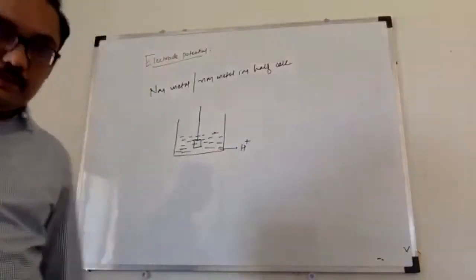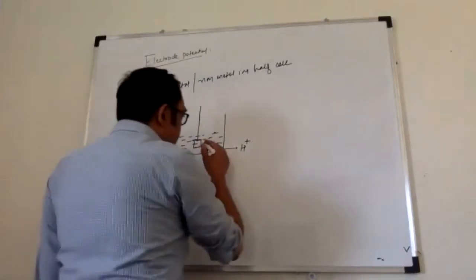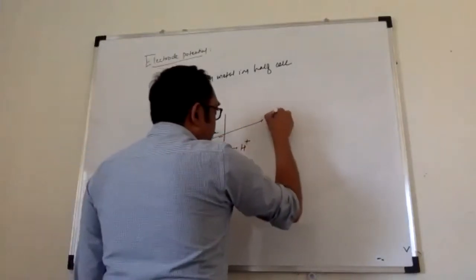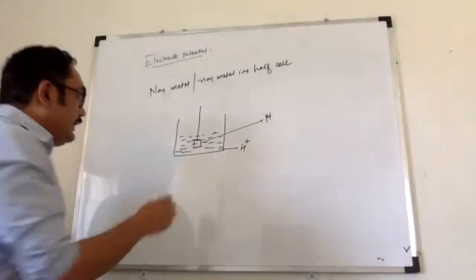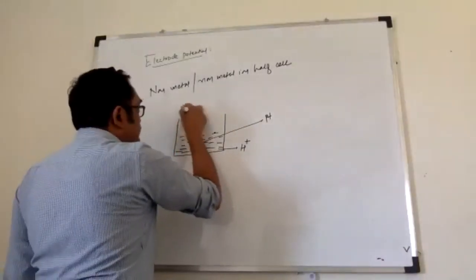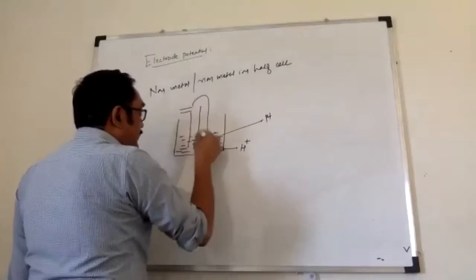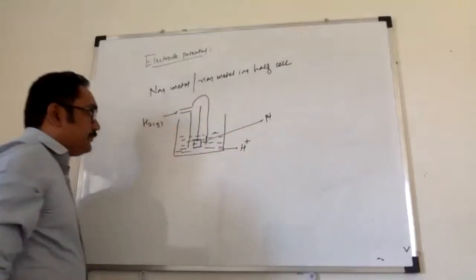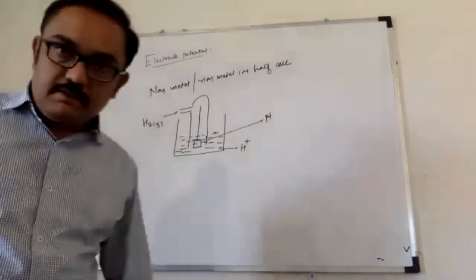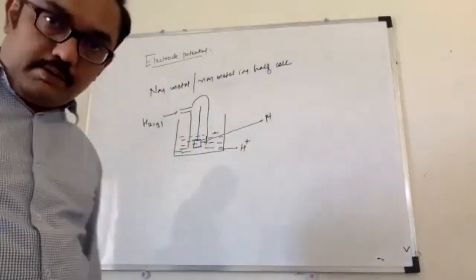Inert electrodes are used, so the electrode is platinum, and hydrogen gas is passed over this platinum electrode.